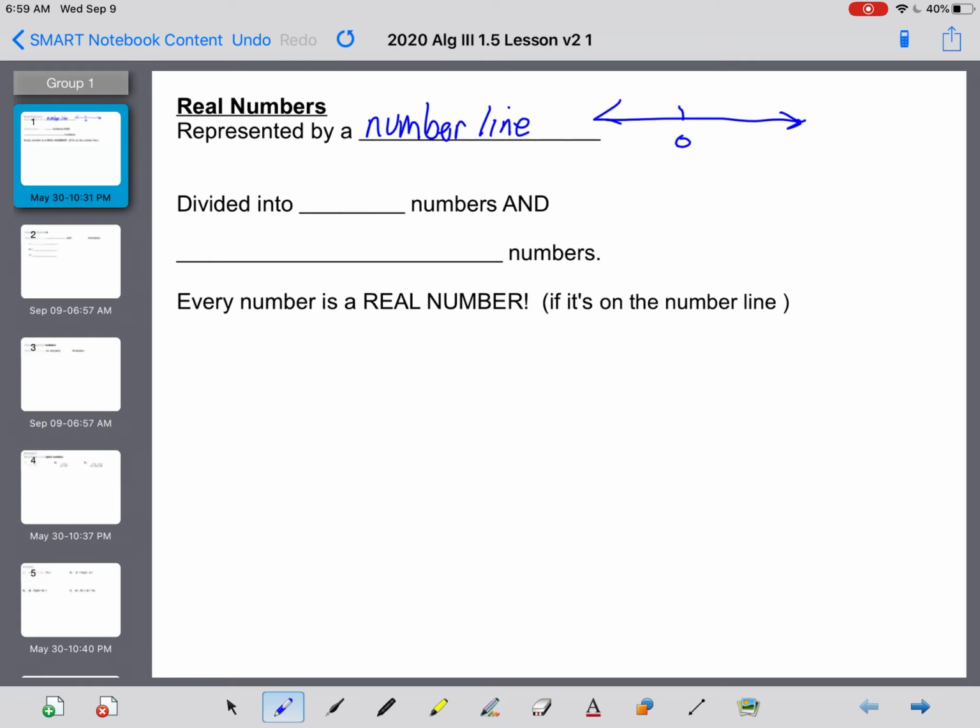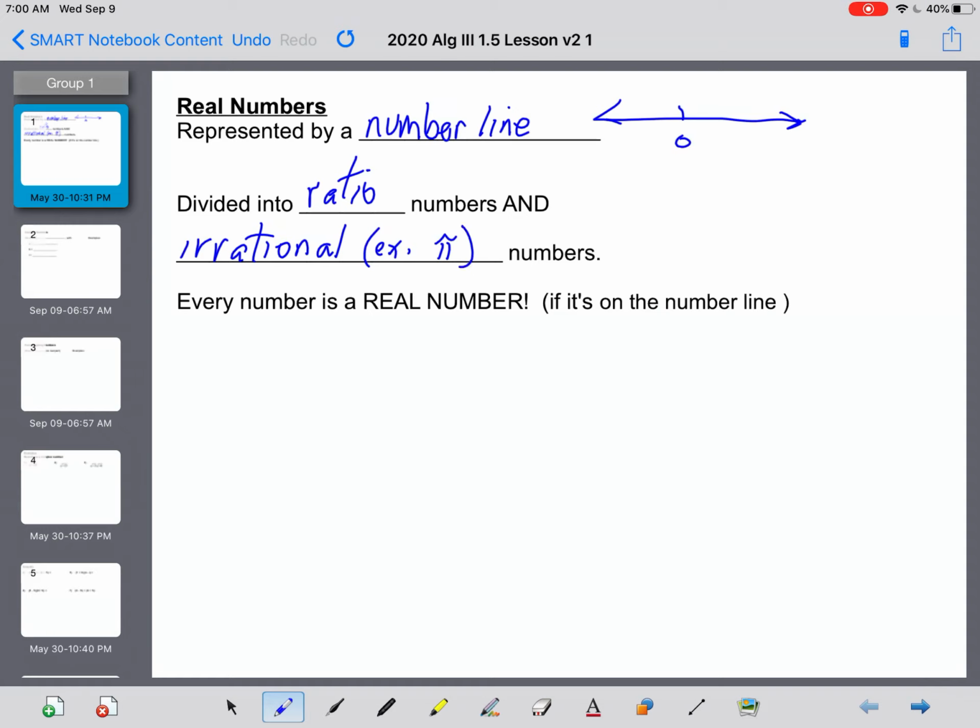Alrighty. Real numbers are divided into kind of two major sets. We have the rational numbers. Those are numbers that can be written as a fraction of integers. And we have irrational numbers. A good example of an irrational number is pi, because that cannot be written as a fraction.